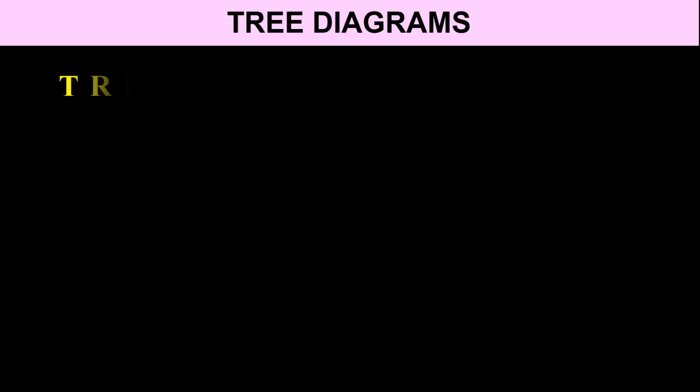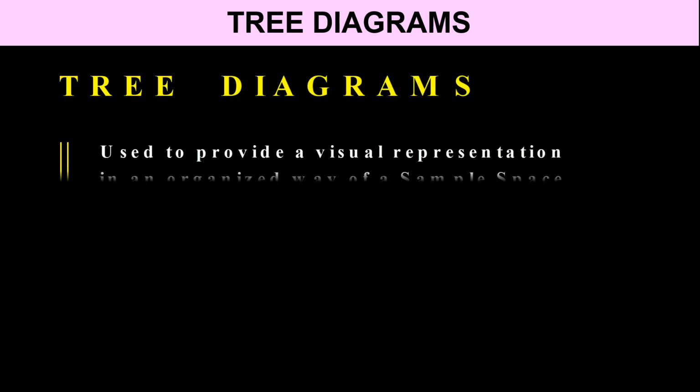In this unit, we're going to look at some applications using tree diagrams. Wherever this icon appears, pause the video, try the example, then start playback again and compare your solution to the one that I have provided. Now let's look at another representation that can assist us with calculating probabilities: tree diagrams.